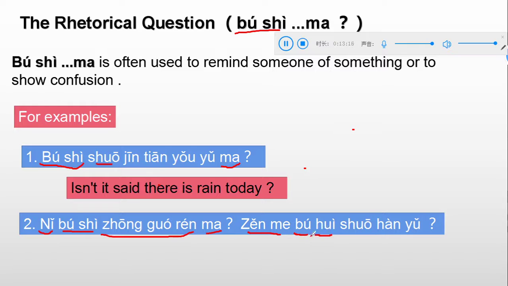So here 会 is used as can. 不会 means cannot. 说汉语, I think we are quite familiar with this phrase. 汉语 is the Chinese language. 说汉语 means speak Chinese. So 怎么不会说汉语 means why can't you speak Chinese? So this whole sentence in English is, aren't you a Chinese person? Why can't you speak Chinese?